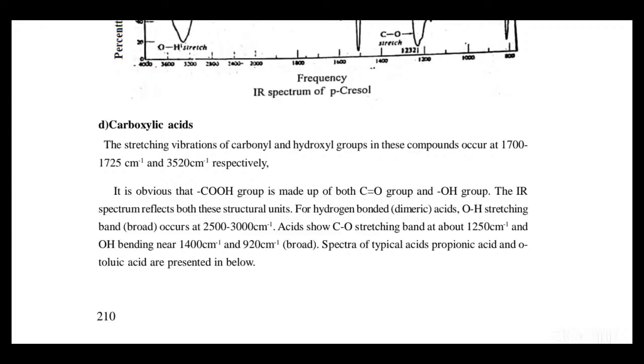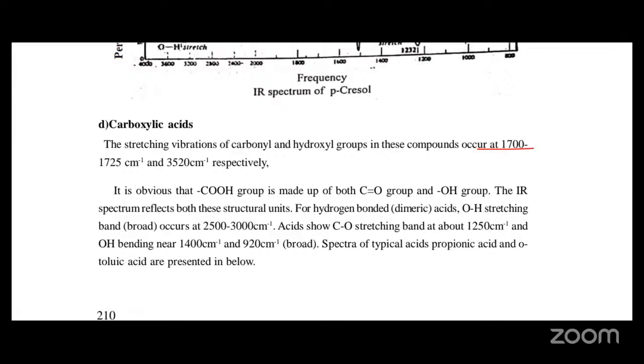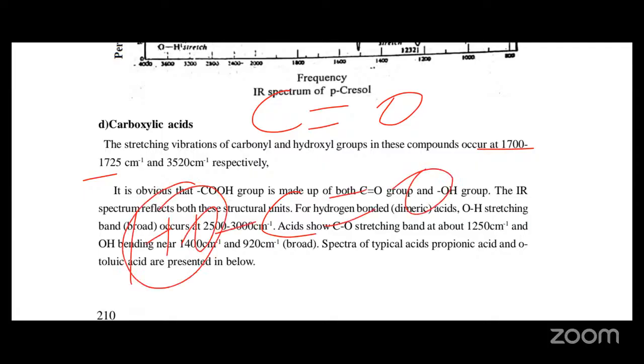The carbonyl appears in the range of 1700 to 1725 here. We have the carbonyl as well as the OH, right? So OH and carbonyl. The carbonyl appears here, and the OH appears in the range of 3550, at 3520 somewhere.